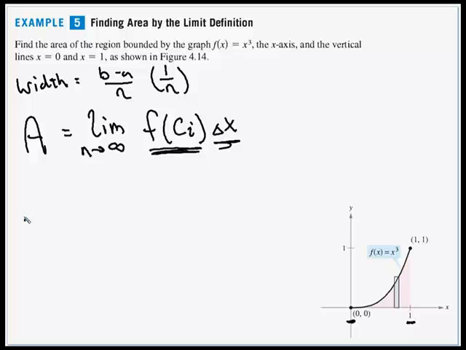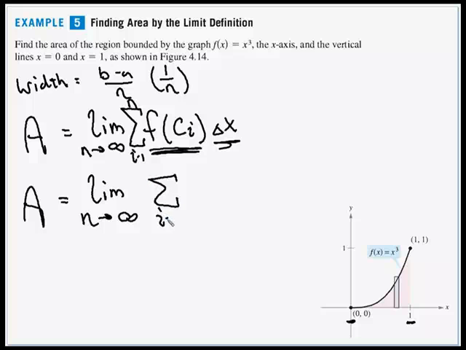So let's plug in what we have for our problem. Our limit as n goes to infinity. Oh, and I forgot the summation notation here. That is the limit as n approaches infinity of the summation of i equals 1 to n of our function. Our sum is from the first interval to the nth.